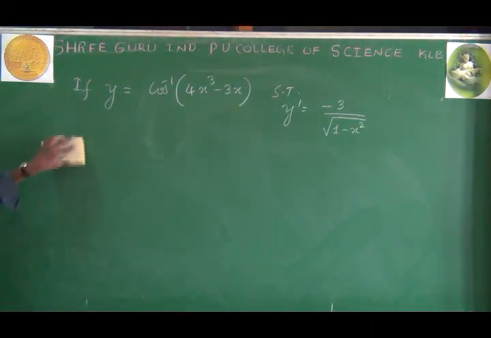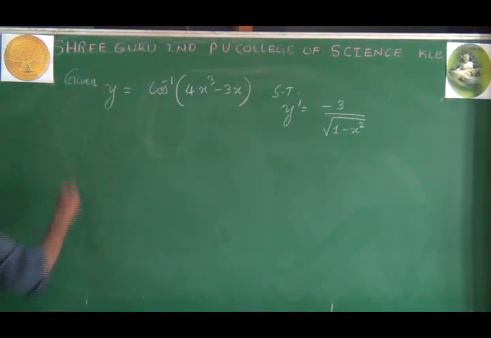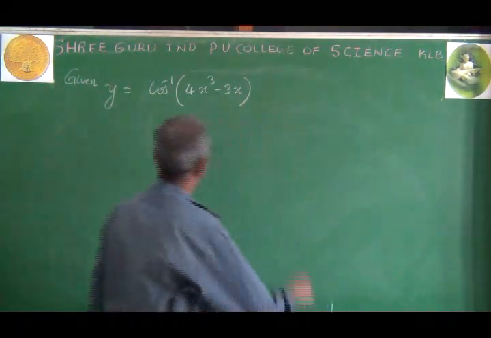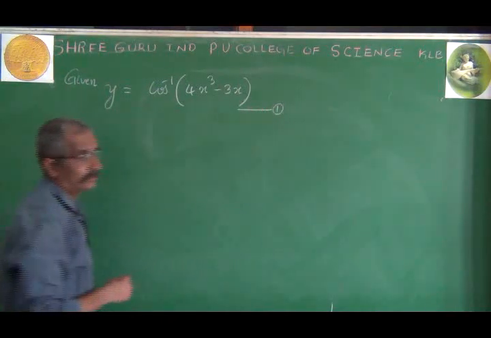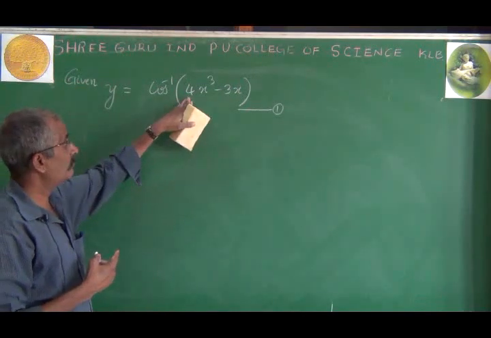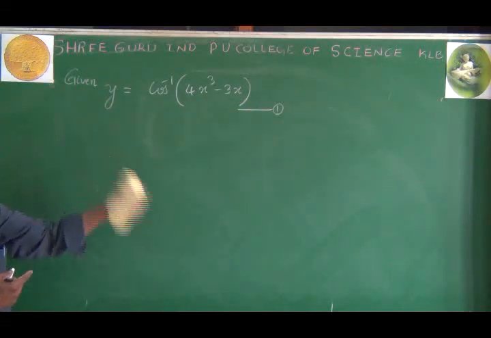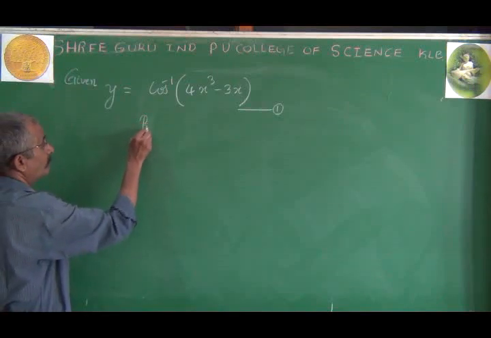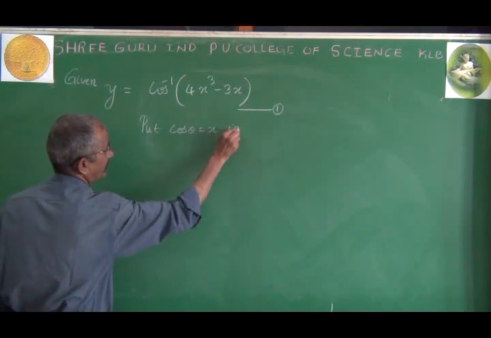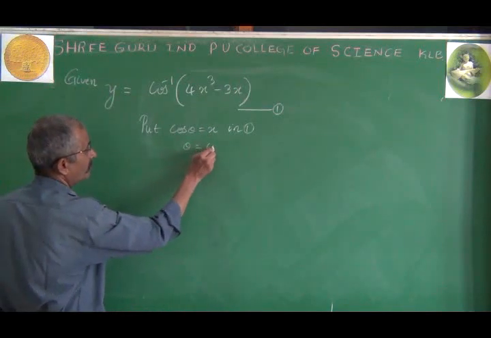So let's consider the given expression first, namely cos inverse of 4x cube minus 3x. Call this 1. To make it simple, it is just like the trigonometry formula 4 cos cube theta minus 3 cos theta, the formula for cos of 3 theta. On that basis, we shall put cos theta equals x in 1. Putting x equals cos theta is the same as theta equals cos inverse of x.